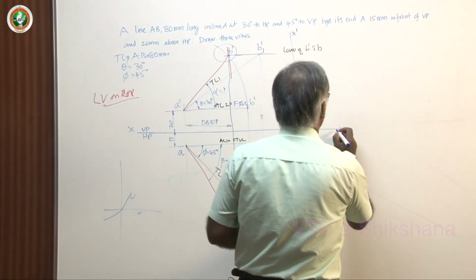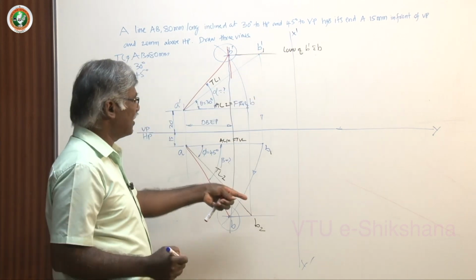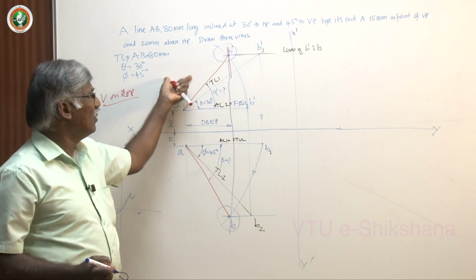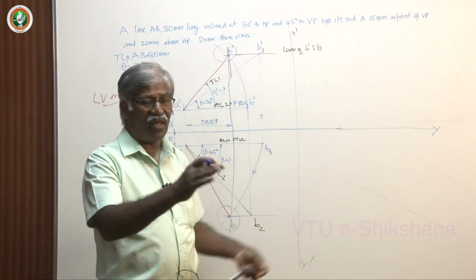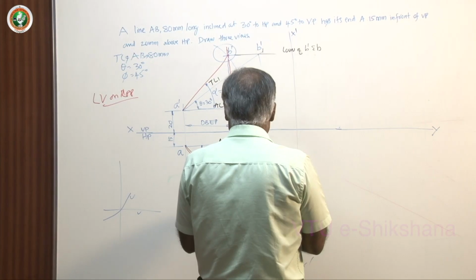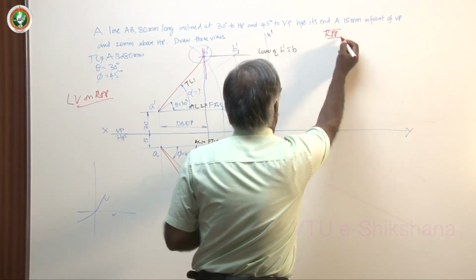Now, here is the reference, x dash, y dash, where you get RPP, whether it is below or above. Wherever you have the front view, you get the RPP there. In straight line onwards, you follow only first angle projection. Always RPP is above the XY line.